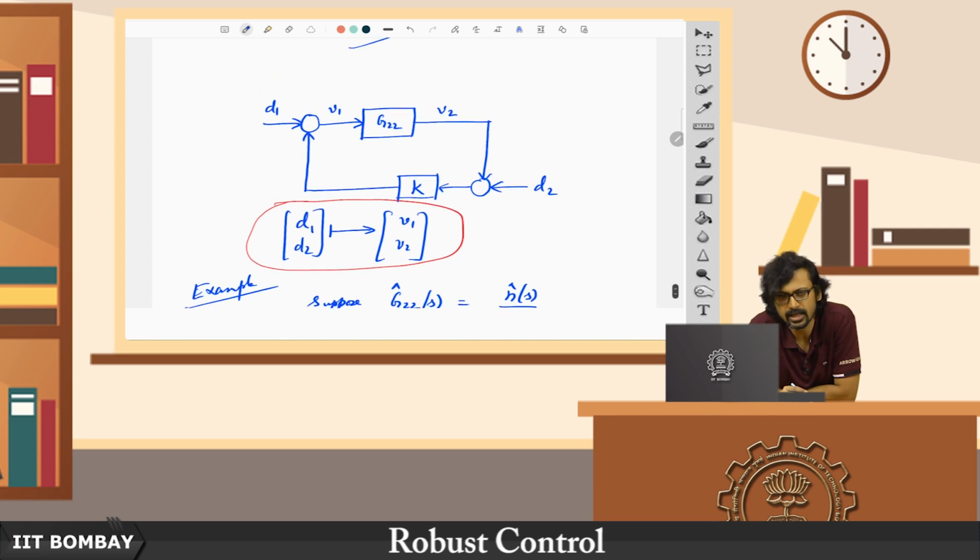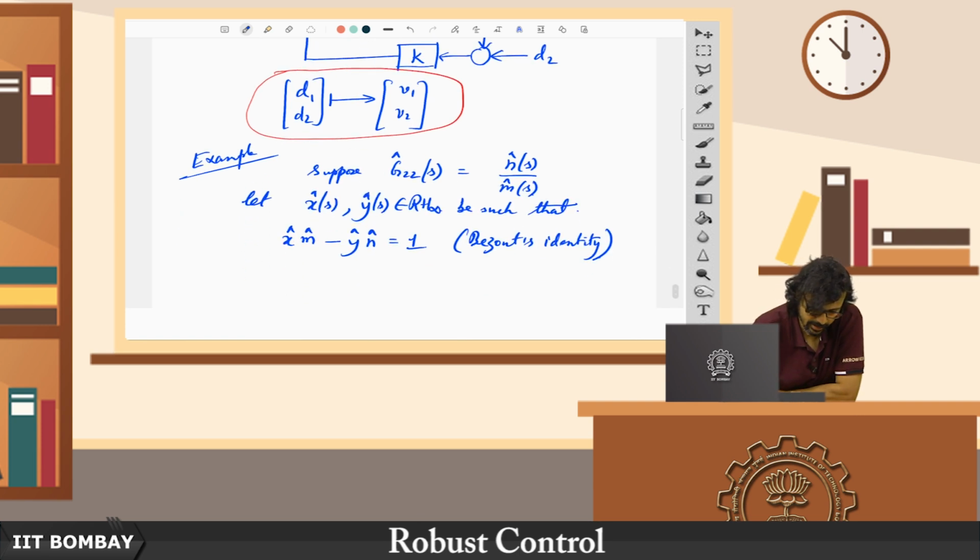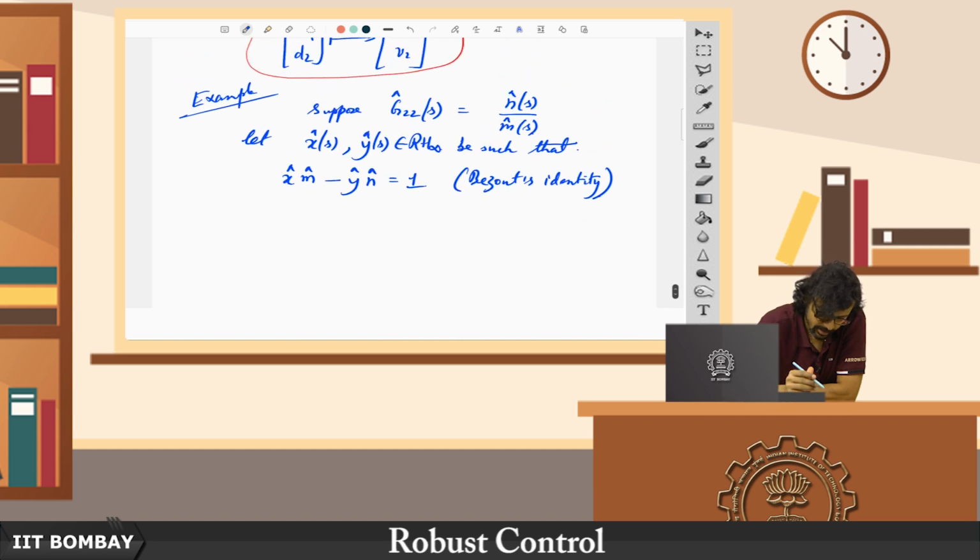So, essentially we know in the scalar case, from preliminary courses on control systems, that if you want to find out this transfer function, the order in which you multiply these blocks does not matter, because it is scalar multiplication after all, which is commutative. The point is that d1 to v1, the forward path is unity, and the feedback path is g22 to k, right. So, you can see that readily, that it is going to be 1 minus k g22, right. So, let me write that down.